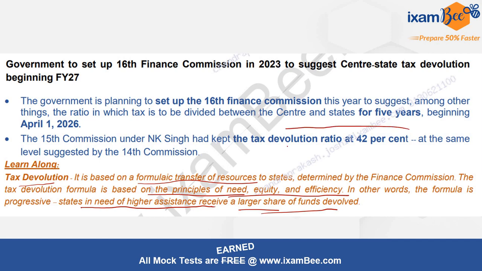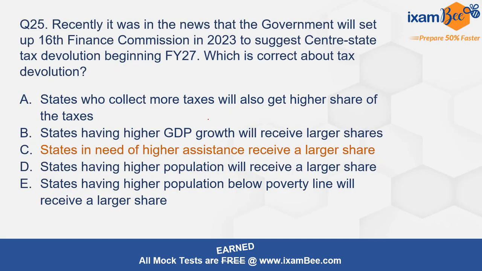The existing formula is 42%, meaning the state share is going to be 42% overall. The 15th Commission under N.K. Singh had kept the tax devolution ratio at 42%, the same as suggested by the 14th Commission, which was headed by Dr. Y.V. Reddy, ex-RBI Governor, and the tenure of a Finance Commission is 5 years.